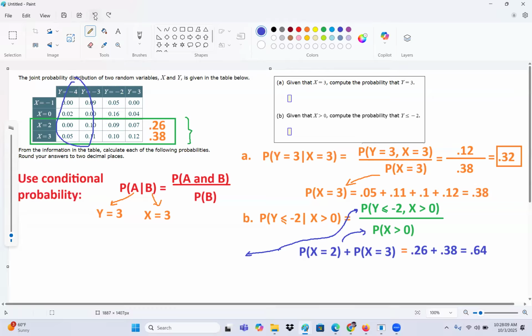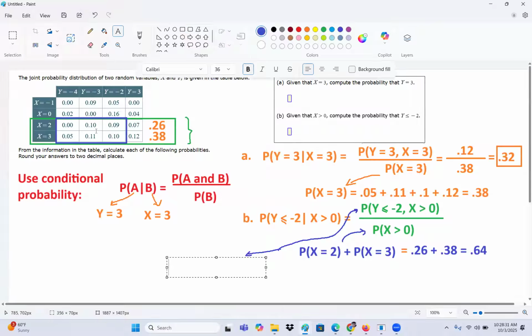So we take the joint, which should be this part. We don't take the negative values of x, and we don't take x equal to 0. So we compute 0.00 plus 0.10 plus 0.09 plus 0.05 plus 0.11 plus 0.1.